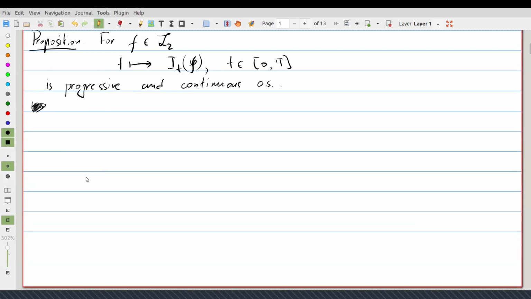So to do that, consider some fixed sequence of simple processes that converge to phi, to f in our L2 in this norm.